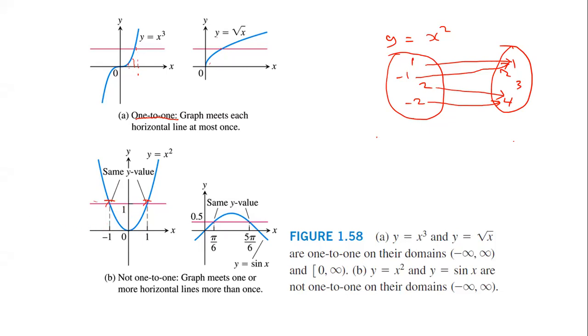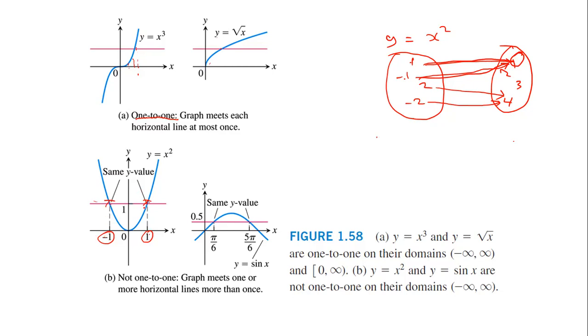Right? That means x equal to 1 has the same y value as x equal to -1. That means 1 and -1 have the same y value. 1 has a value of 1, -1 has a value of 1, which is representing this, right?